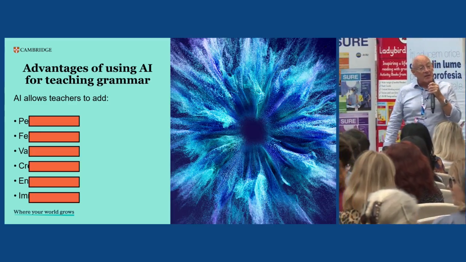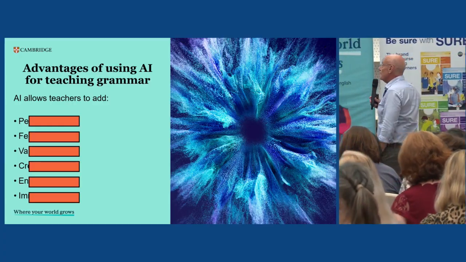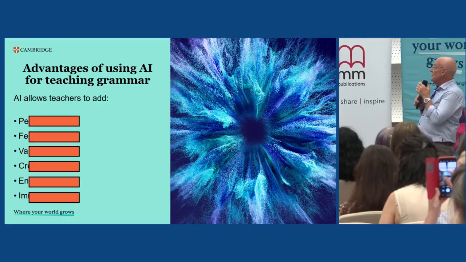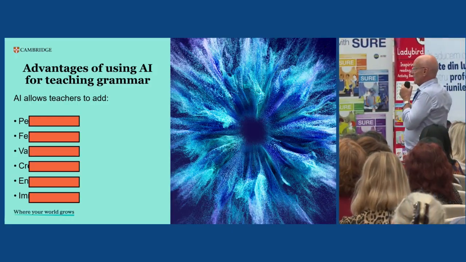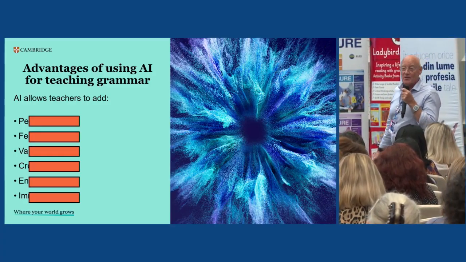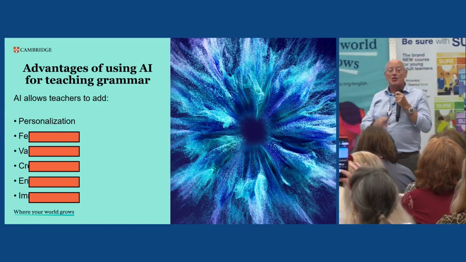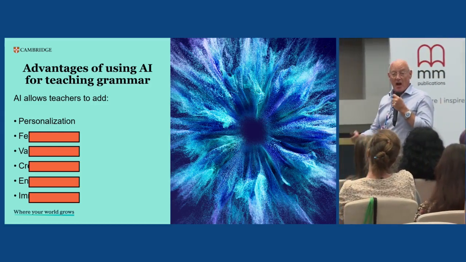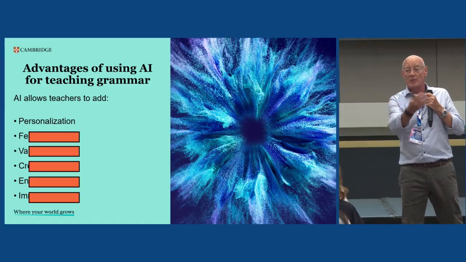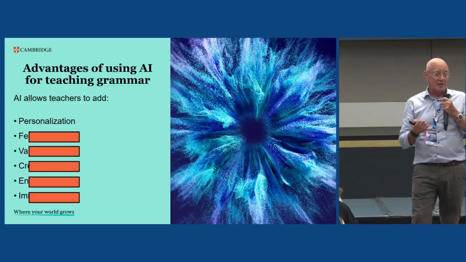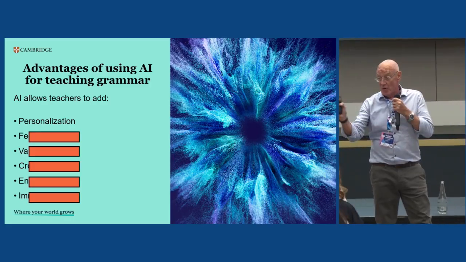Okay, so I think AI can be really supportive in helping us to teach grammar, because AI allows teachers to add what? Personalization. Every student can have an activity personalized to themselves. Obviously, activities from course books or online courses are not personalized. We try to personalize them, but we tend to personalize it for the class rather than for the individuals.